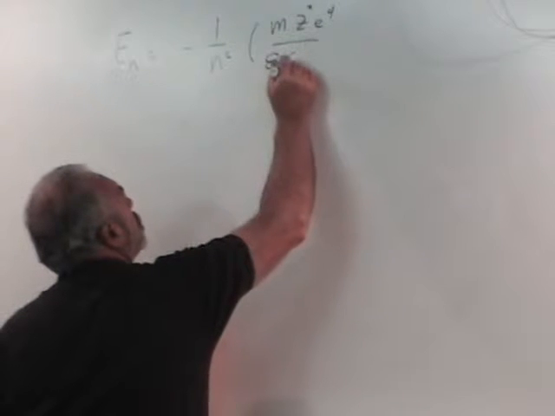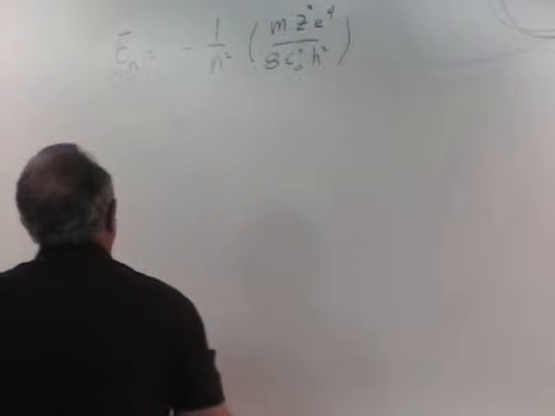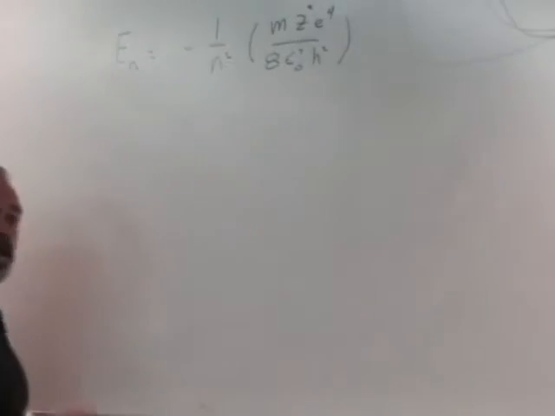And hopefully by now you're starting to think to yourself, hey, have I got a value for this thing? Yes. On the handout, they give you a value for E sub 1.